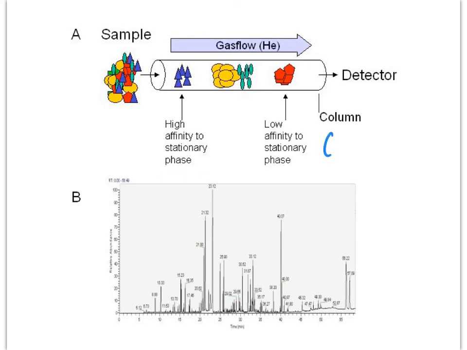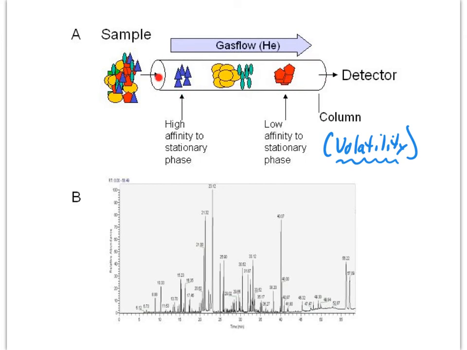And most of the time, that volatility factor in gas chromatography is the basis of separation, okay? And so the more volatile components roll through faster, spend more time in the vapor phase, so they come out first.